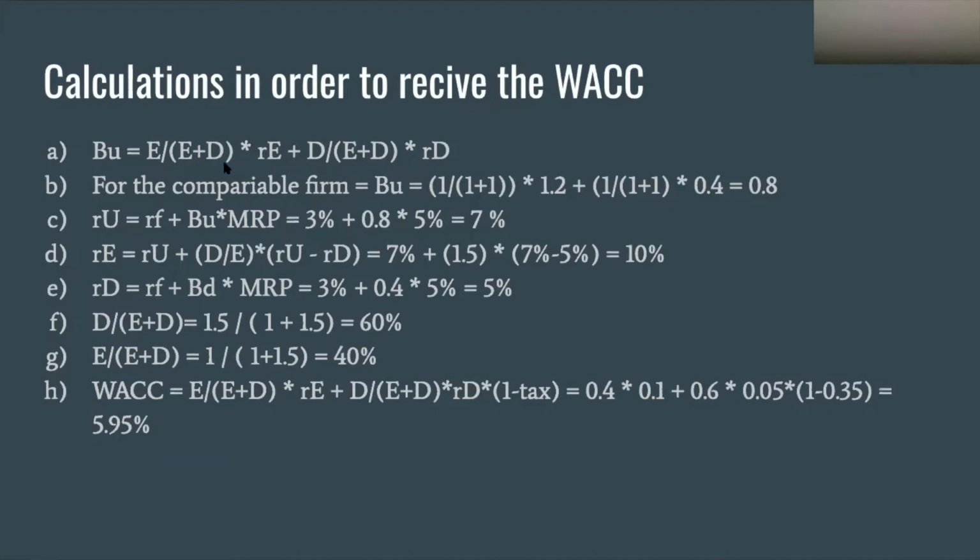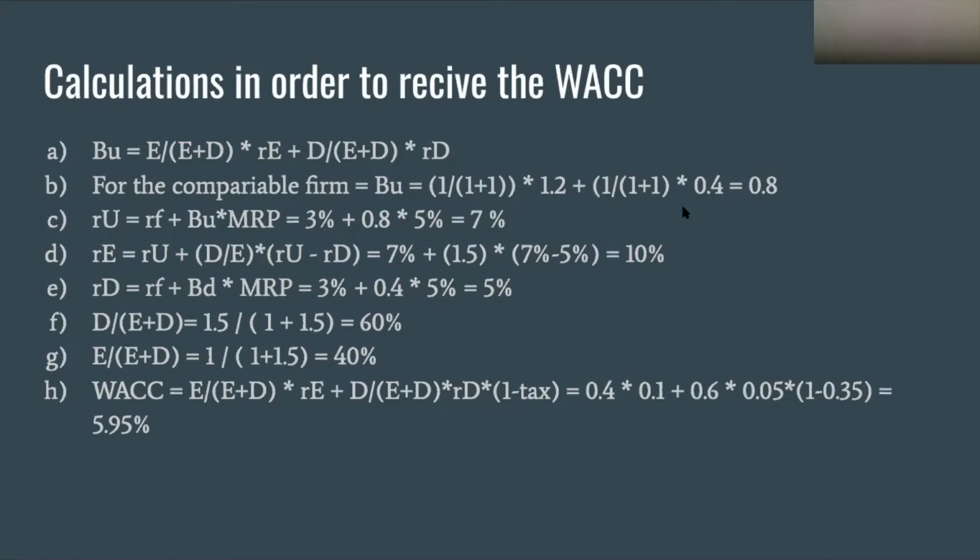When I receive a debt to equity ratio, I assume that the debt is the number stated as the debt to equity ratio, and the equity is 1. By putting that into the equation for equity through the company value, you can receive that component. So for the comparable firm, we know that the unlevered beta is the following. And by that, we get the unlevered beta as 0.8.